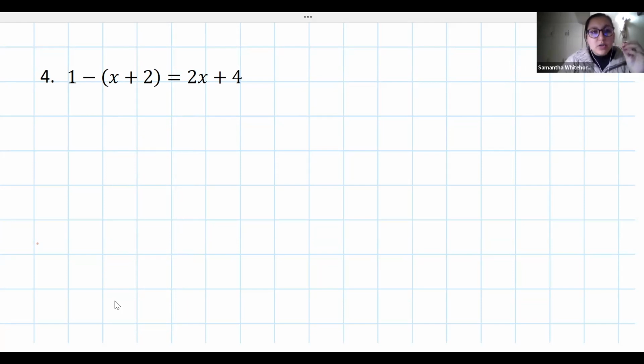And to identify terms, we need to know where the plus and minus signs are so that we can separate them. Now, remember, we don't consider plus or minus signs inside brackets or inside fractions. So what that means is on the left, this minus separates terms, and on the right, that plus separates terms. So you've got 1 term, 2 terms.